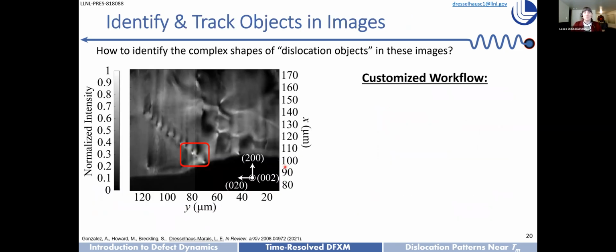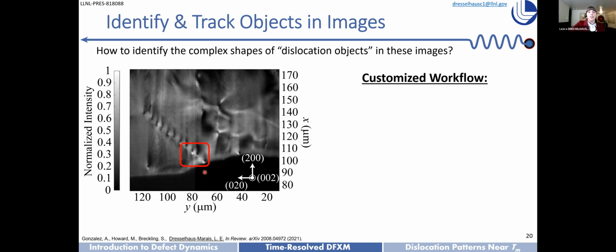So for that, we now turn to computer vision, as indeed these little dislocation objects are not actually single nice little blobs, but are more complex and intricate shapes, which have both dark and bright features on them, each of which are important to encode the information about what this dislocation actually is.